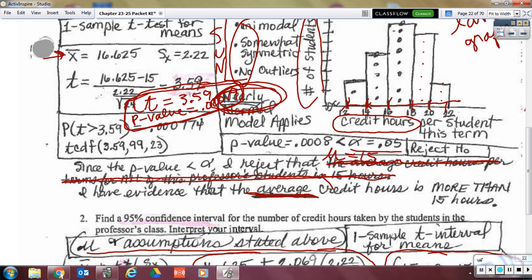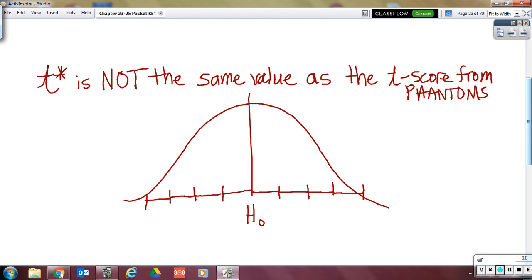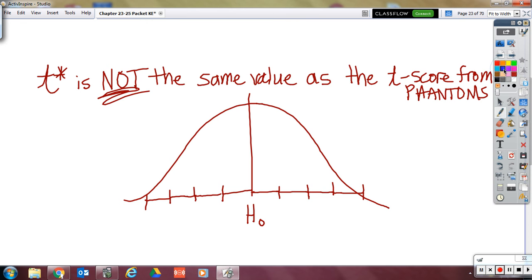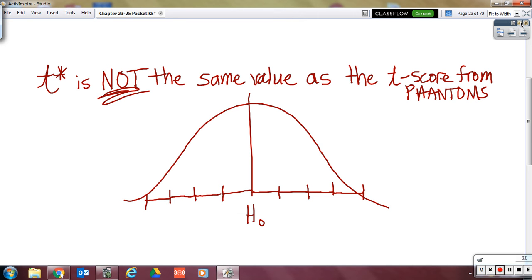That's a no-go, and I want to explain right now why, so that you don't get that confused. T star is not the same as the T score that you got in your phantoms, and I'm going to show you why.